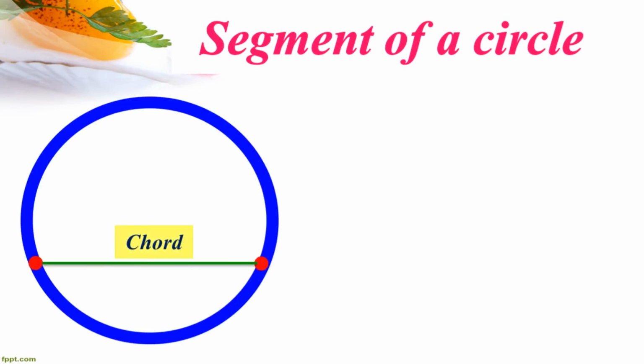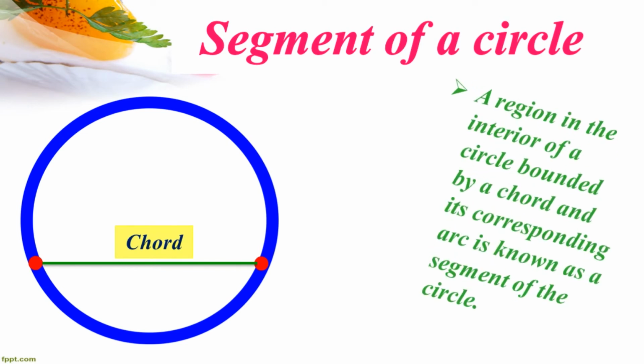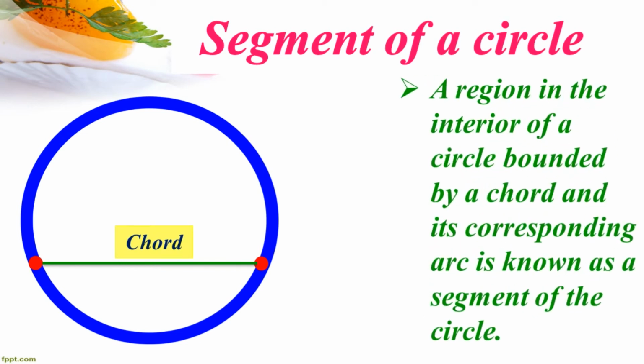So now let's see segment of a circle. Here a region in the interior of a circle bounded by a chord and its corresponding arc is known as a segment of the circle. That is, a chord of a circle divides the circular region into two parts.